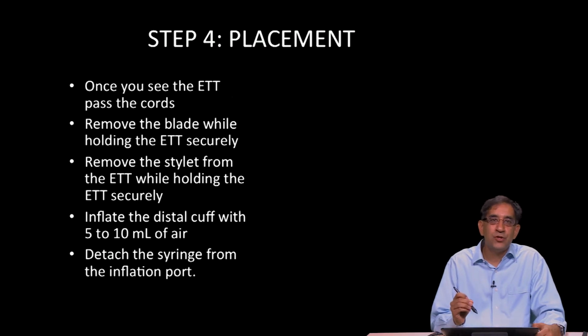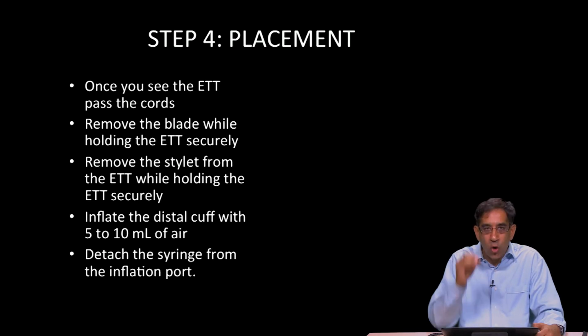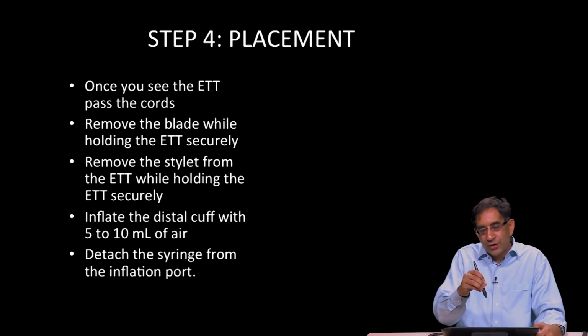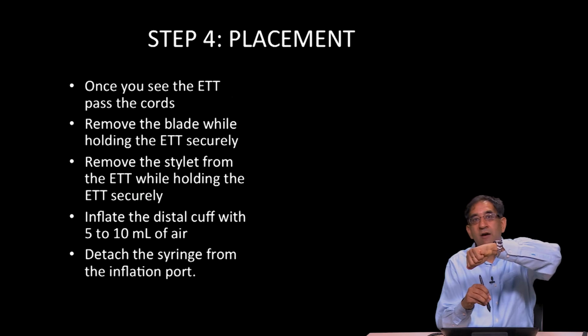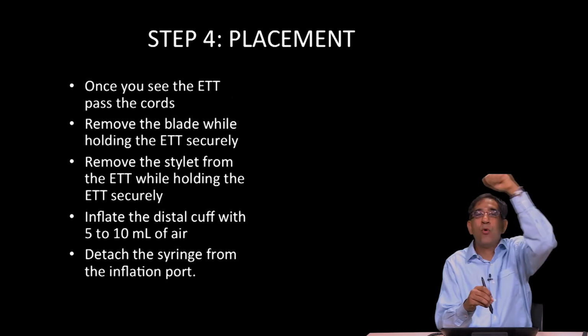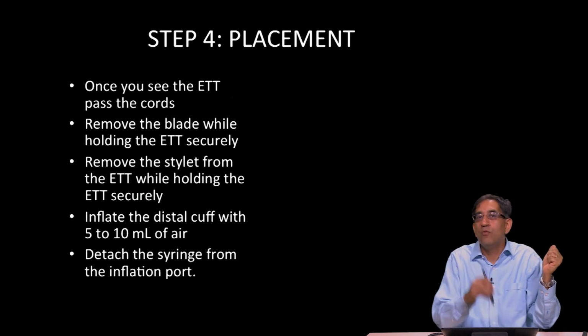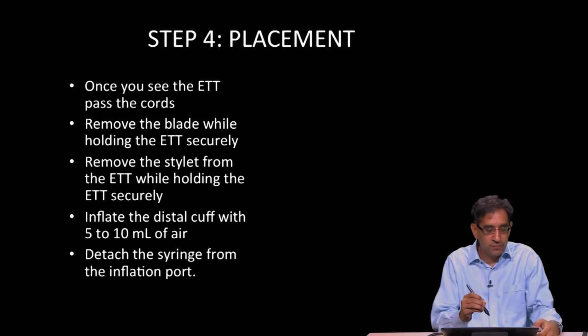Once you see the endotracheal tube pass the cords, you can remove the blade, but you're not going to take your hand off the endotracheal tube. You're going to hold it with your right hand very securely, and then, holding the endotracheal tube with your right hand, you're going to grasp the end of the stylet and pull it out very carefully without removing or moving the endotracheal tube.